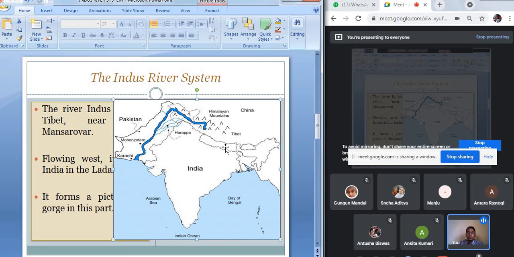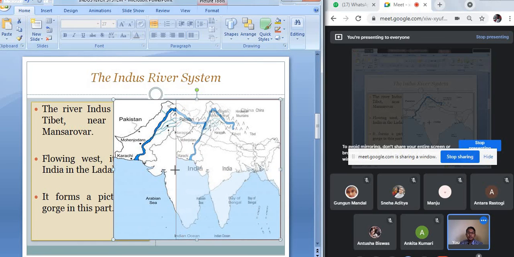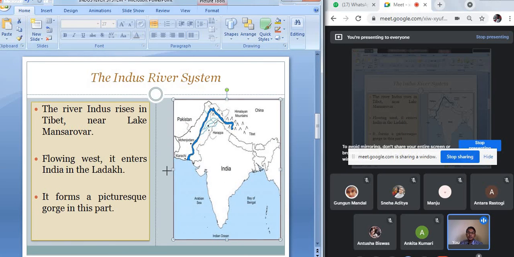The Indus river flows towards the western side and enters India in the Ladakh region, and then it flows through Jammu and Kashmir. It enters Pakistan, and finally it drains its water in the Arabian Sea. So this is the course of the Indus river. Let us know in detail about this Indus river system.